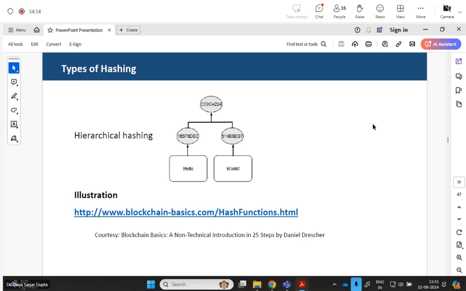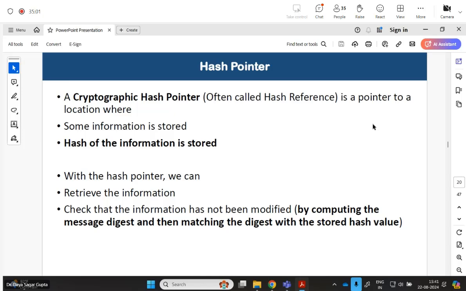Okay. So let us have the topic of interest, that is a hash pointer. In the starting classes, we discussed that all the blocks are basically connected through a pointer, like a linked list.